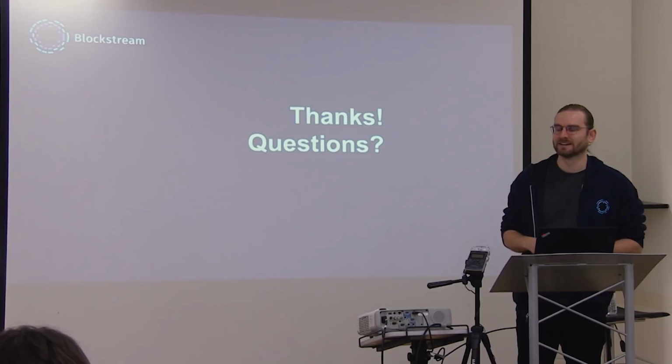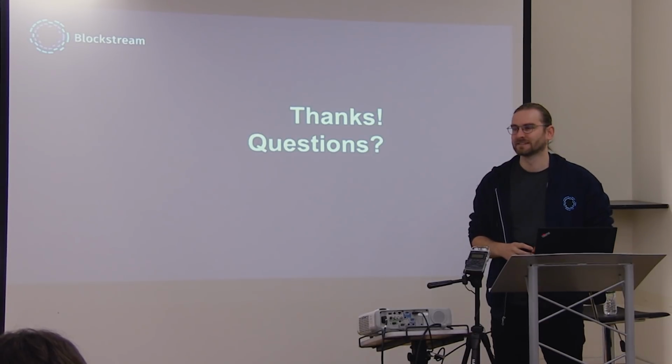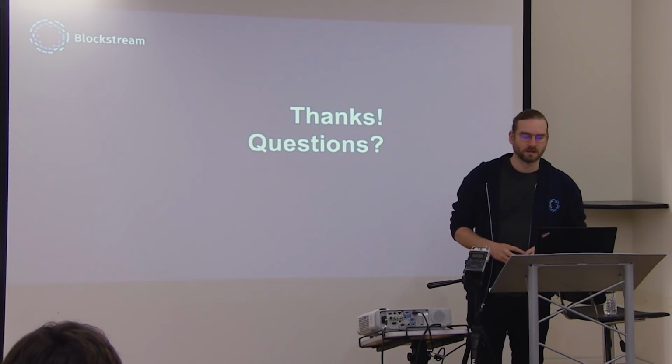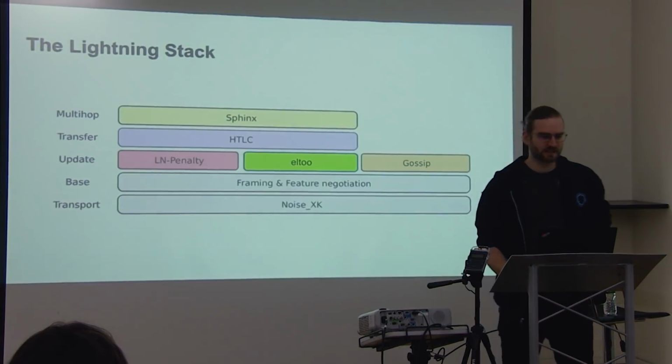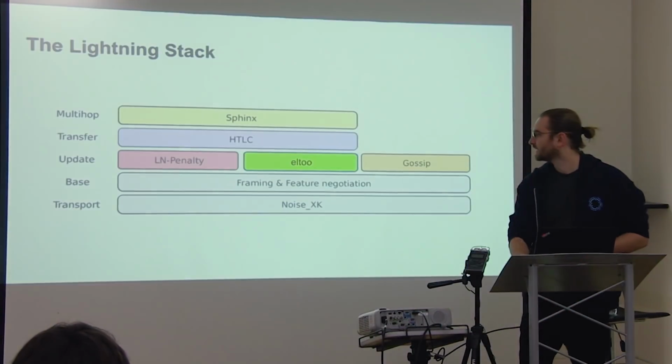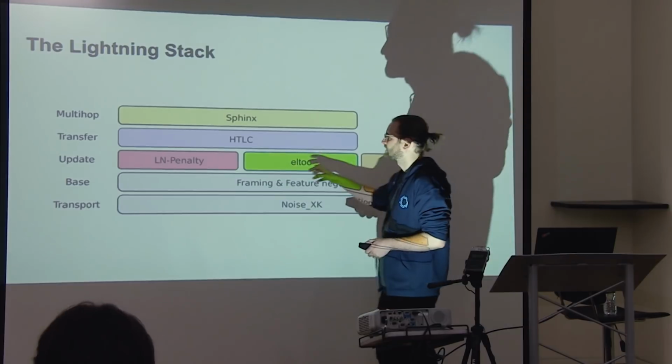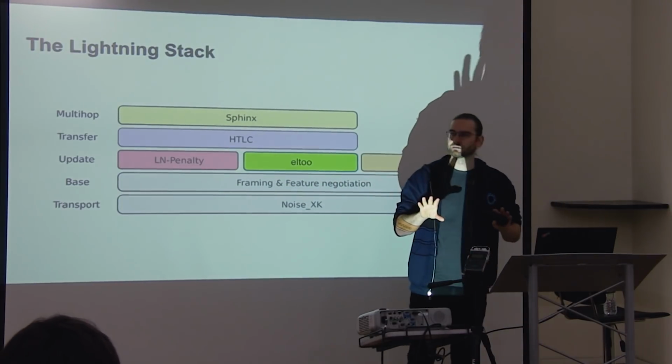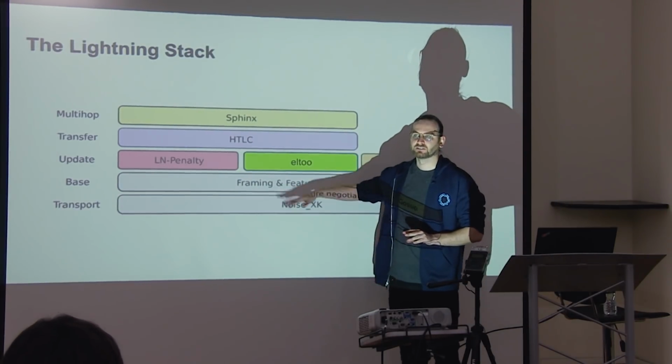Yes. So two questions. First one: eltoo is actually working with HTLCs just as Lightning, right? Yes. What I wanted to show in this slide is that LN-penalty and eltoo are basically drop-in replacements. The entire rest of the stack remains the same.